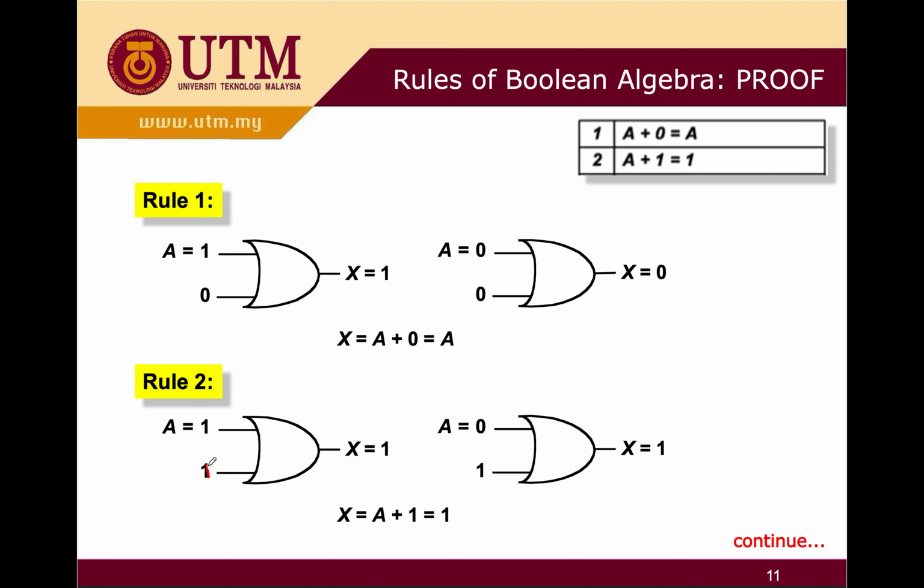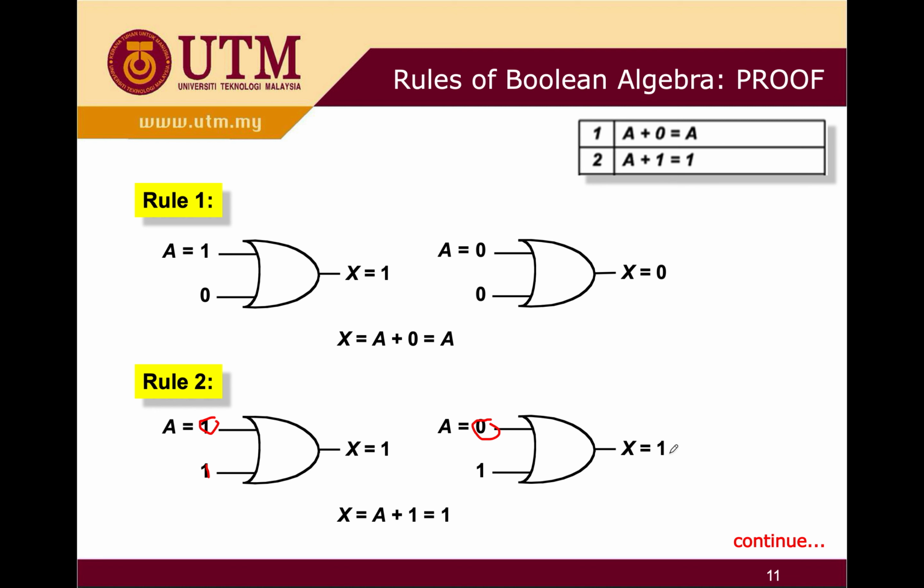And I already informed you that there are only 2 possibilities for the input, whether it is 1 or 0. So A will sometimes be 0 and A also can be 1. But what is the output? If let's say A is 1, the output will be 1. But if A is 0, the output also will be 1. Because of what? This is an OR gate, and if you have at least one input being 1, the output is also 1.